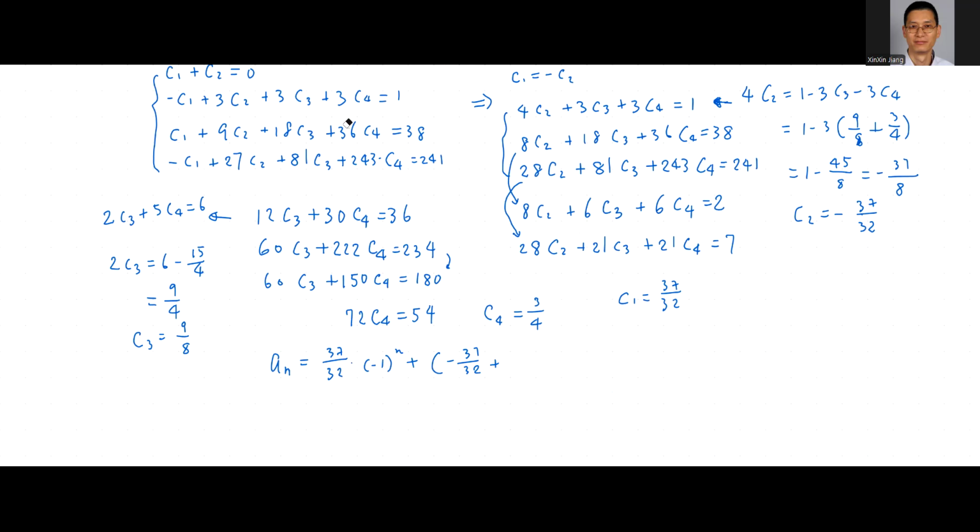So 9 over 8 times n plus 3 over 4 times n squared, times 3 to n. So this is our solution. I don't have the mood to really check, so I'm just going to accept it.